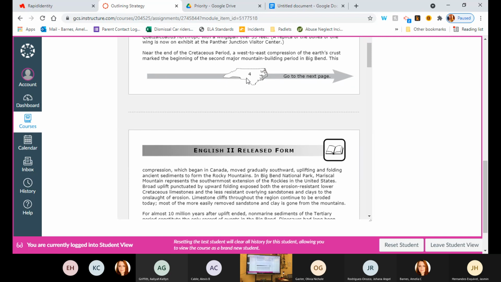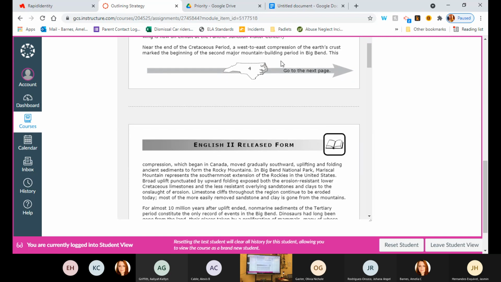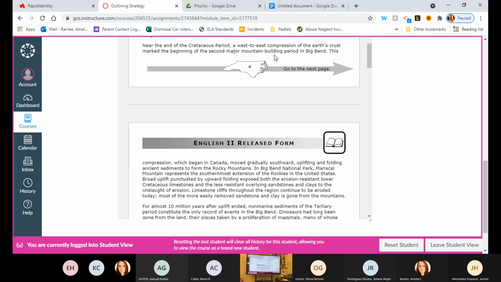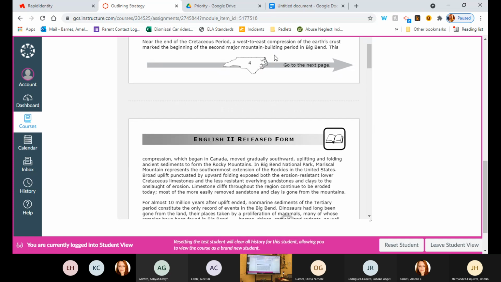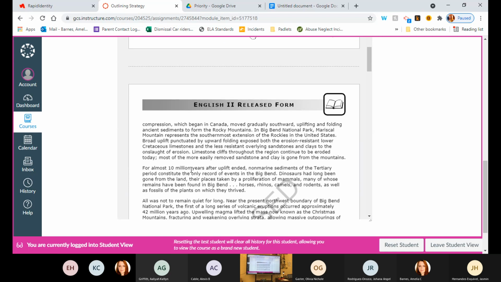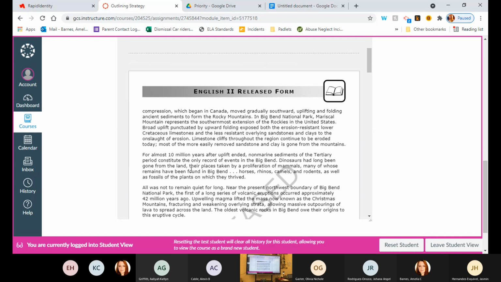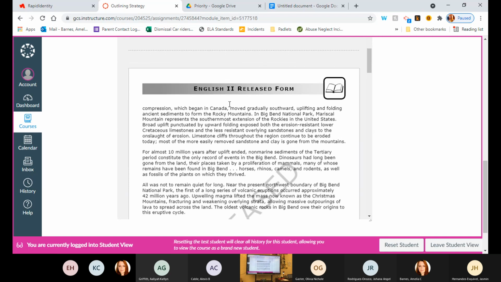Near the end of the Cretaceous period, a west to east compression of the Earth's crust marks the beginning of the second major mountain building period in Big Bend. This compression, which began in Canada, moved gradually southward, uplifting and folding ancient sediments to form the Rocky Mountains. So we've stopped talking about fossils. Now what are we talking about?